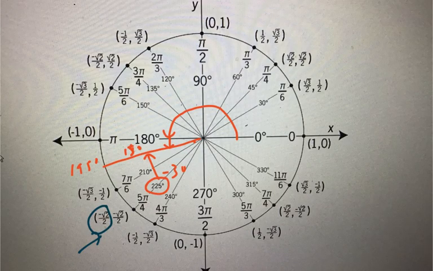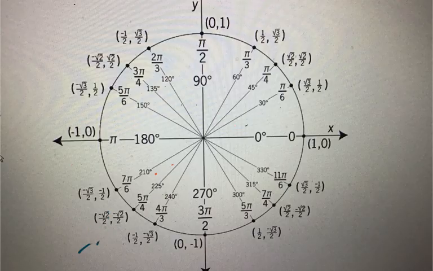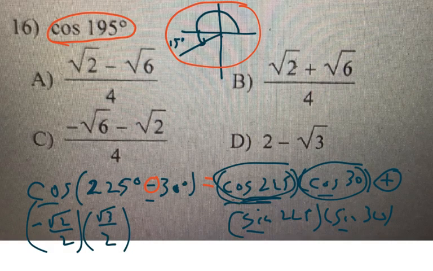Again, if we look at the unit circle, the x right there, cosine of 30 is square root 3 over 2. Okay. And then we need to do the sine of 225. So we have a plus, and it happens to be the same value as cosine, right? And then the sine of 30 is 1/2.